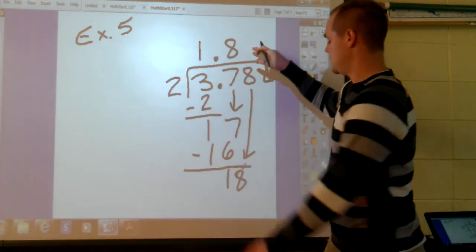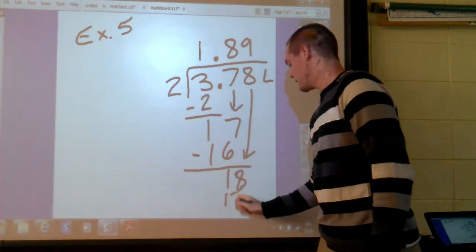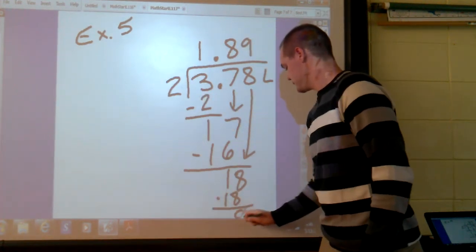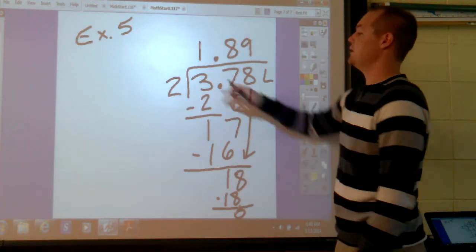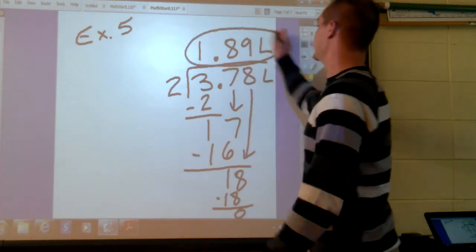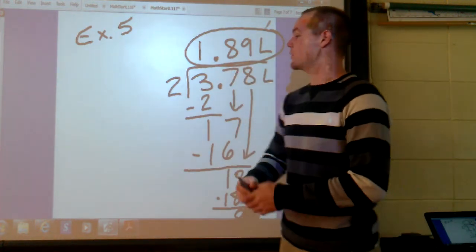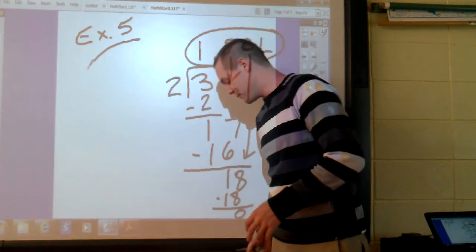And 2 goes into 18 9 times. 9 times 2 is 18. And I'm left with no remainder. My answer is 1.89. I do need to label it liters. So 1 and 89 hundredths is your answer. And we're doing that for example 5.